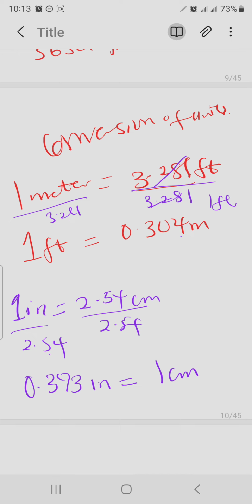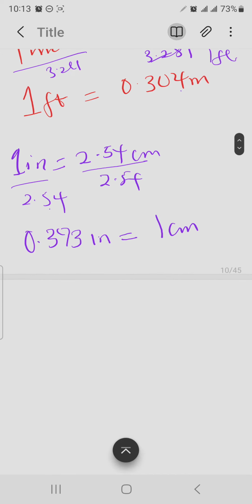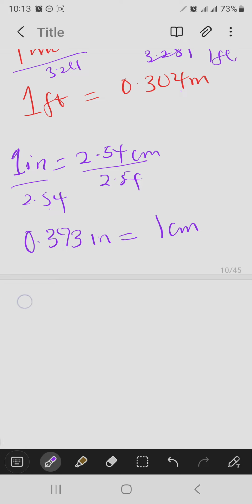Now, let me give you some typical examples. This one is an example. They say you convert 10 feet to meter.